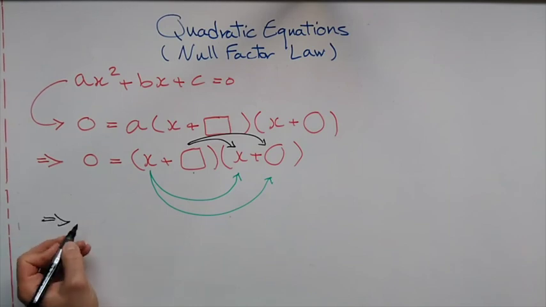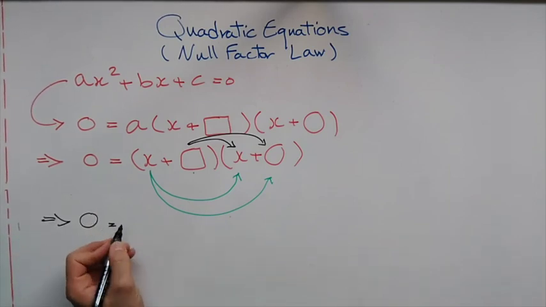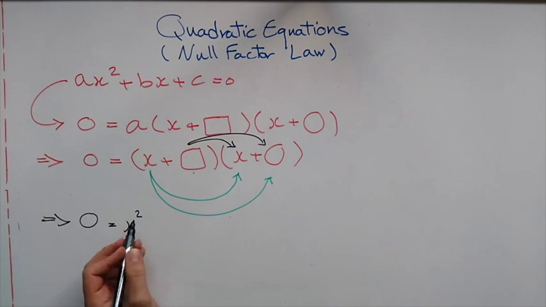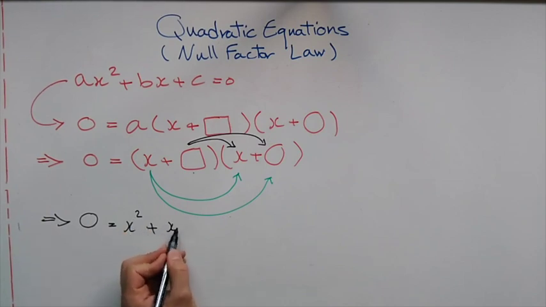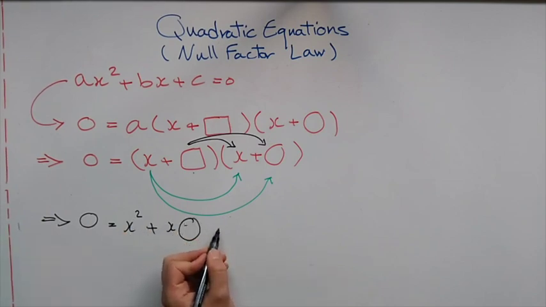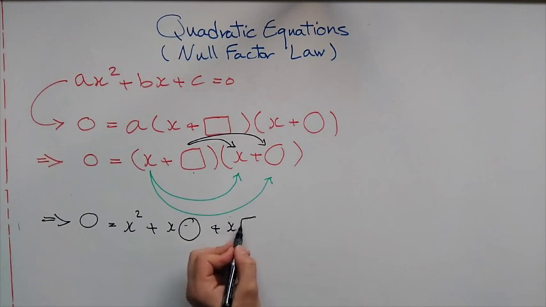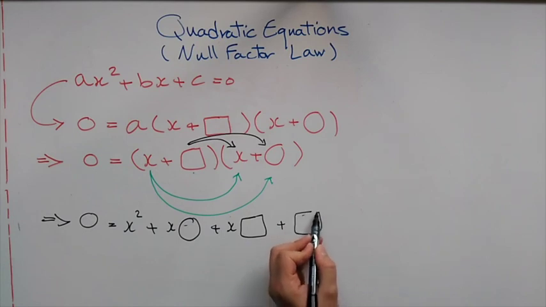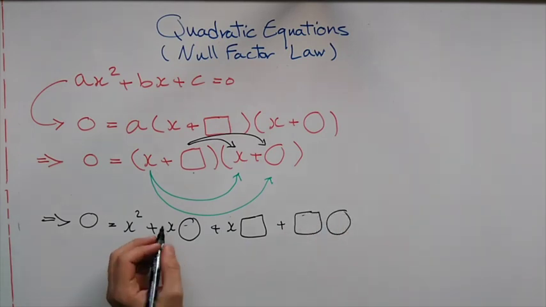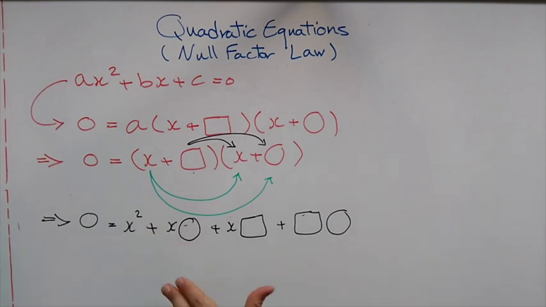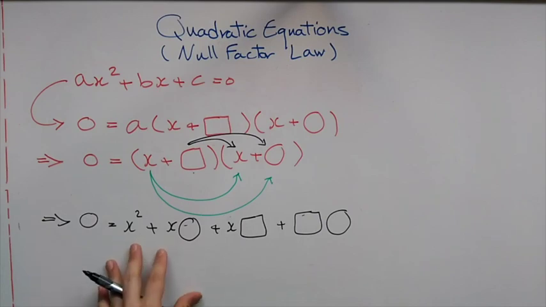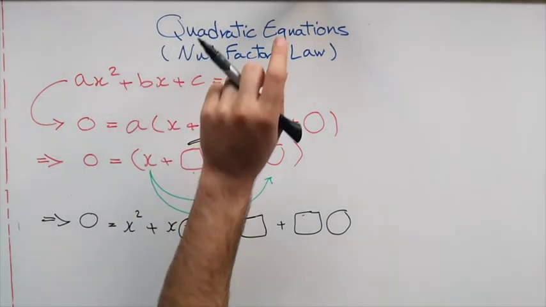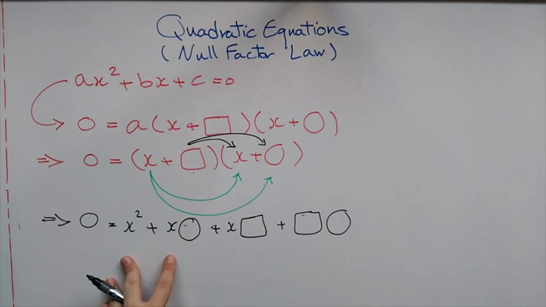So if I write that down, I'll get 0 equals x squared plus x times circle plus x times the square plus the square and circle multiplied by each other. This is the form that we should write down when we want to solve a quadratic equation using the null factor law.